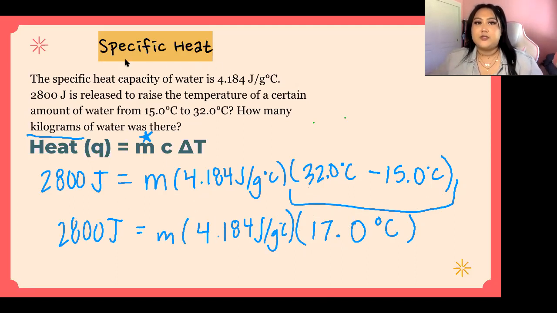So we would have to divide these two numbers multiplied, right? Right here. So what is 4.184 times 17?